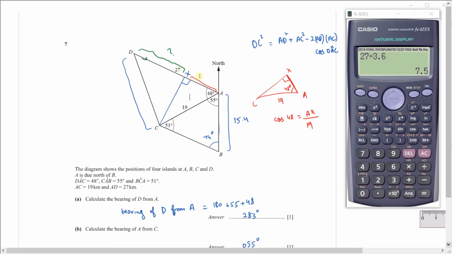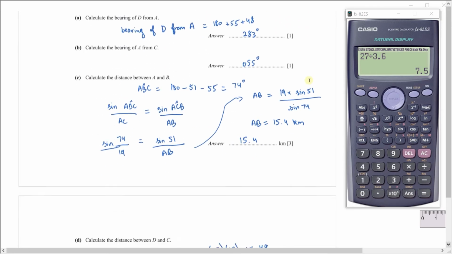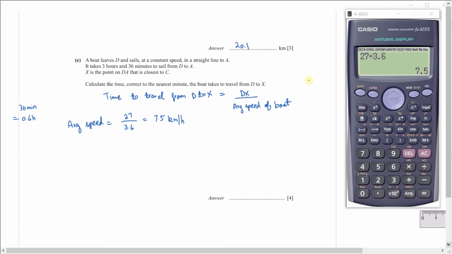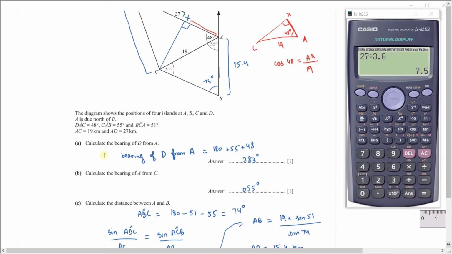So let's first calculate this length AX. For length AX, I'm going to use cos of 48. Let me go back. Using this triangle ACX, cos of 48 equals base over hypotenuse.